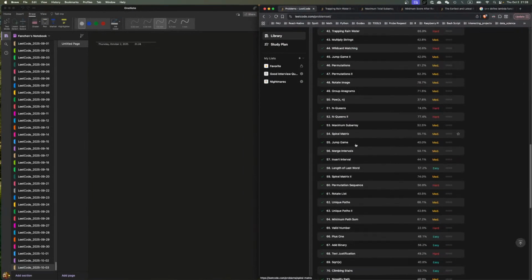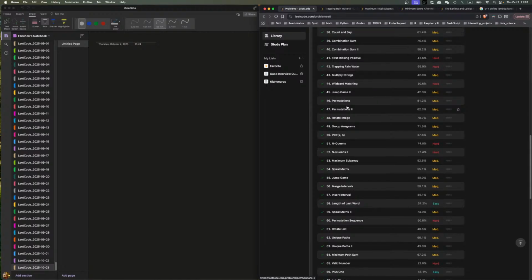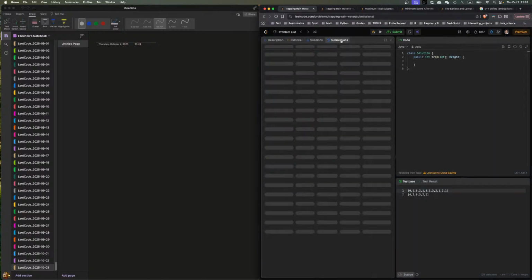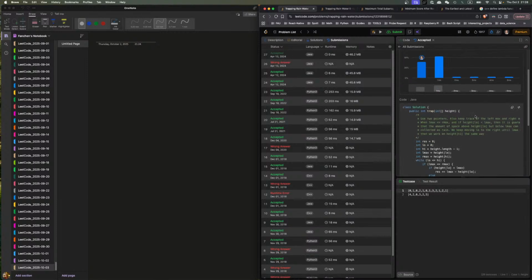Trapping rainwater is, where's trapping rainwater? Here. Keep track of the left max and right max.